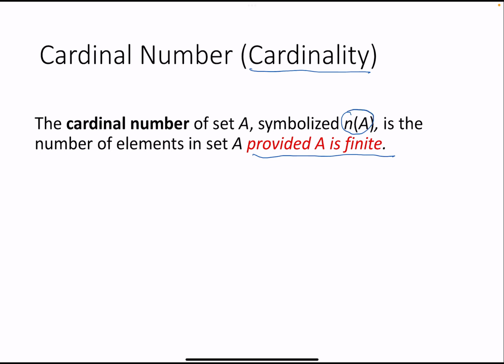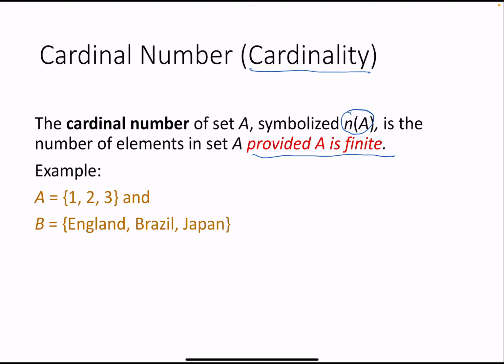Typically, we use n(A) to indicate the cardinal number of a set. So in this example, set A equals the set {1, 2, 3}, and set B equals a set of 3 countries. Then both sets have cardinal number 3, or the cardinality of each set A or B is 3, and we can write this.